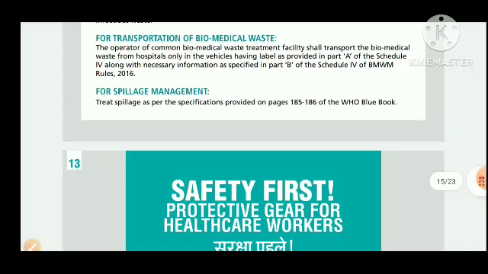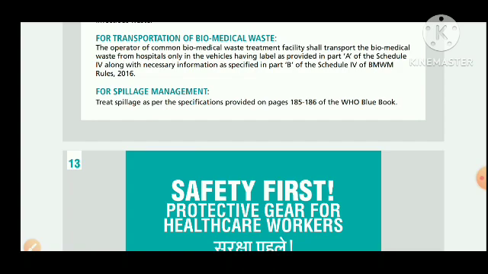Next, for transportation of biomedical waste, the operator shall transport the biomedical waste from hospital only in a vehicle labeled as provided in Part A of Schedule 4. So there will be a question that the vehicles which carry the biomedical waste from the hospital are labeled as per which part of which schedule of the Biomedical Waste Rules 2016.